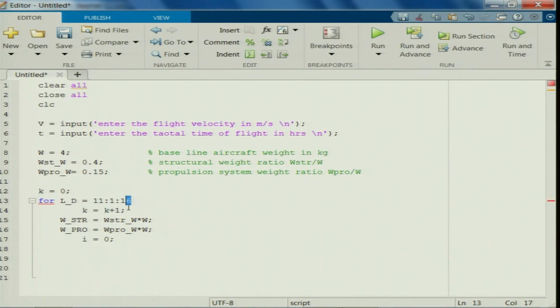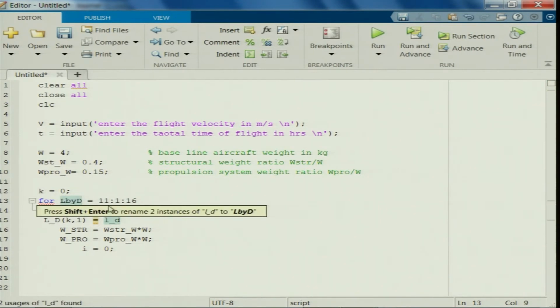This will talk about L by D. So, k corresponds to the variable of iterations for L by D. I just want to save this L by D, let us say this variation is small l d. Here I am storing it as capital L D of k comma 1, which stores in a column vector, is equal to L underscore D, capital L by D here.